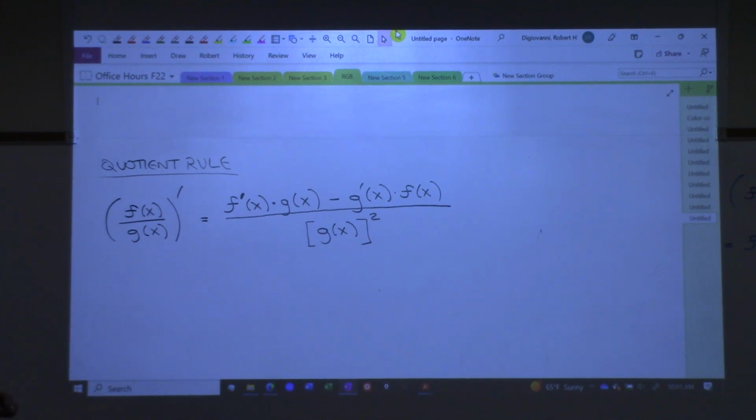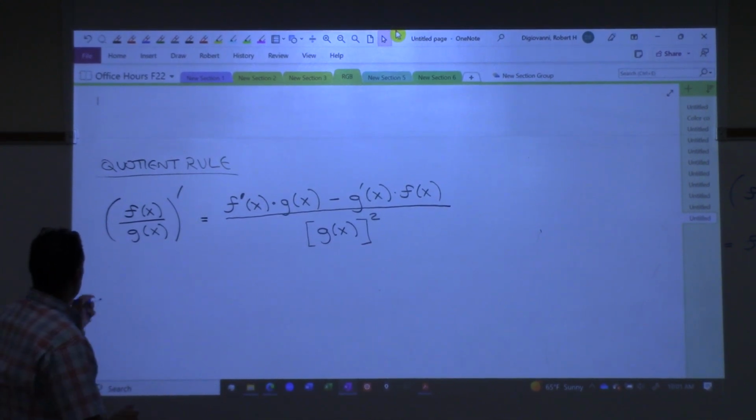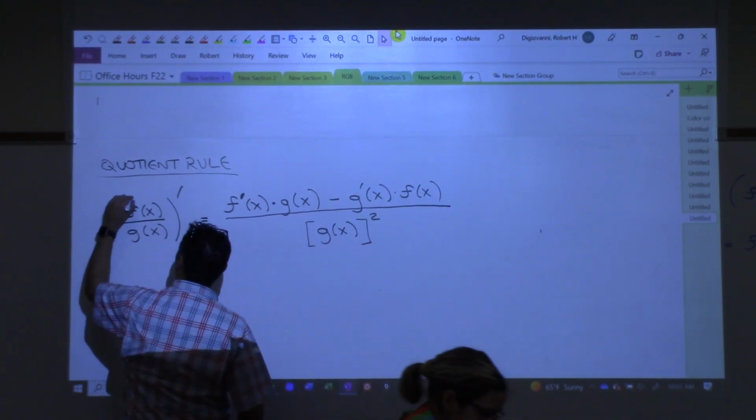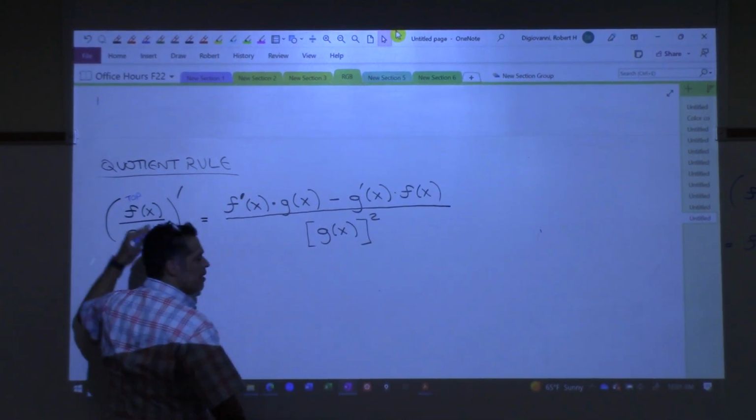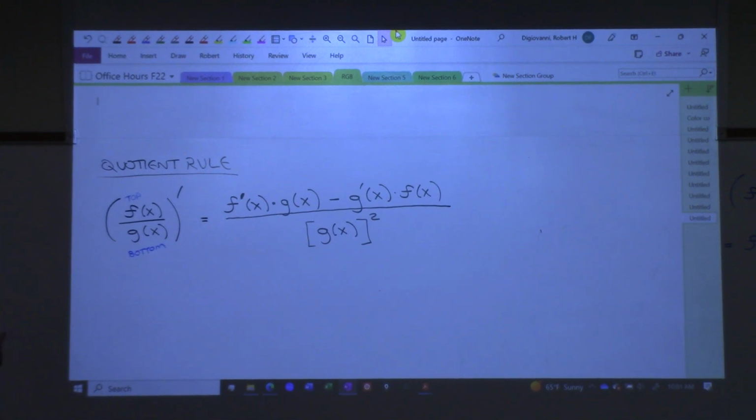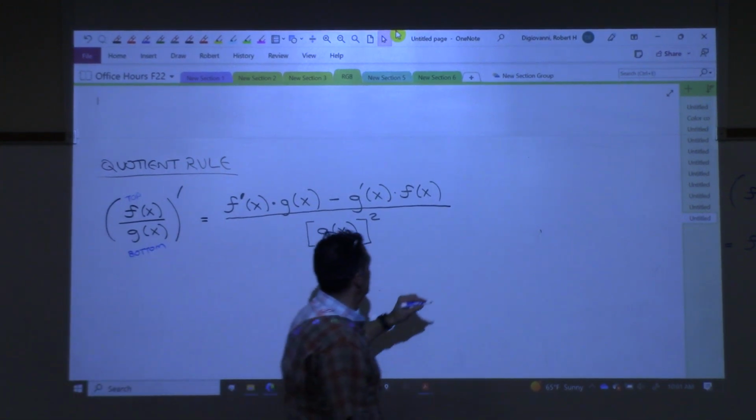So let's do an example, all right? Maybe I should say this in words. I call this the top function, and this is the bottom function, numerator and denominator. So the quotient rule in words goes like this.